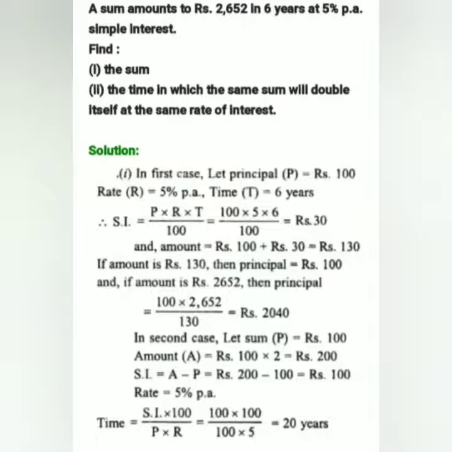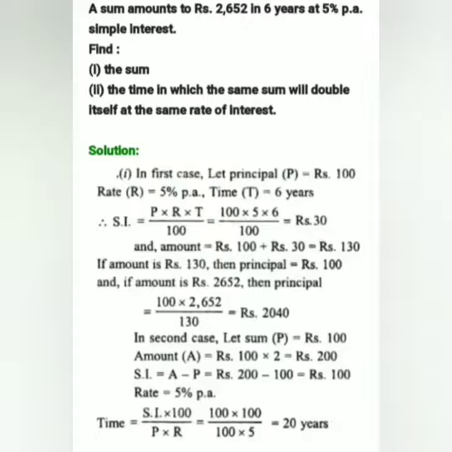Rupees 30 is coming as simple interest and the value of amount will be principal plus interest amount. 100 plus 30, 130 will be our amount. If amount is 130 when principal is 100 rupees, and in the question a sum amounts to 2652 is given.